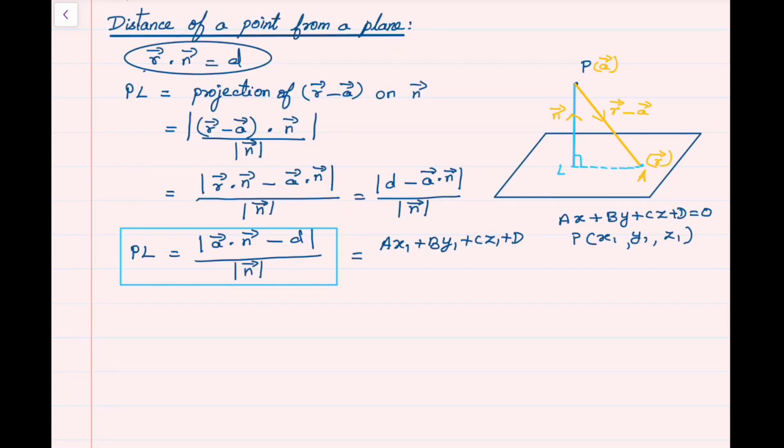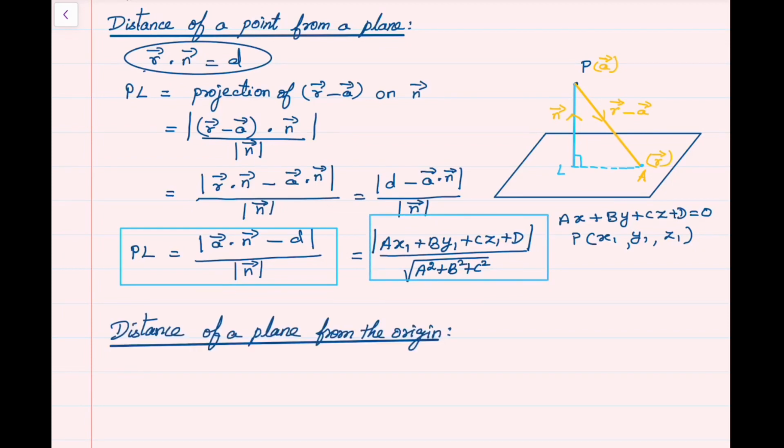It can be written as plus d or minus d. Plus d is better. There won't be any confusion in the sign. Divided by magnitude of the normal vector, the coefficients of x, y, z, root of a square plus b square plus c square, and distance has to be positive, so absolute value sign. And this is the Cartesian formula to find the distance between a point and a plane.